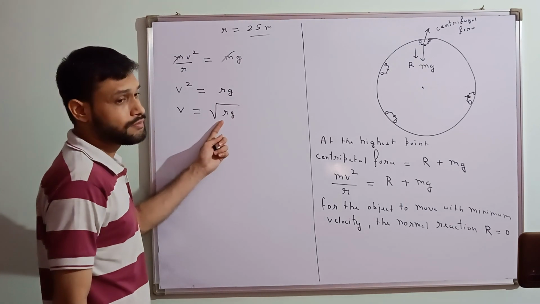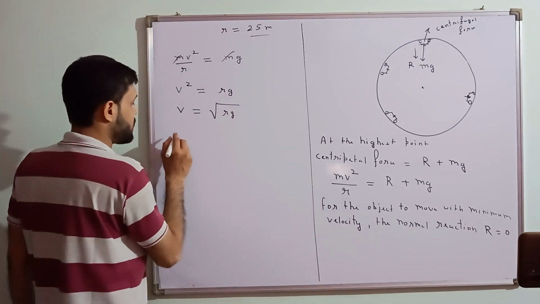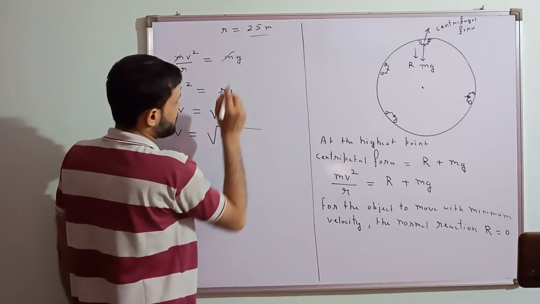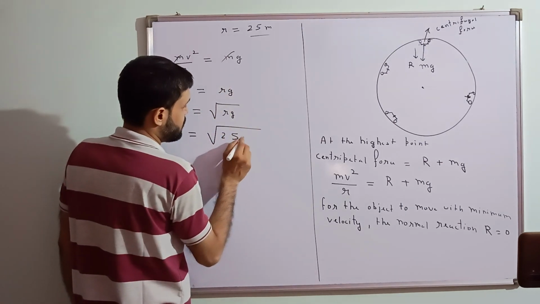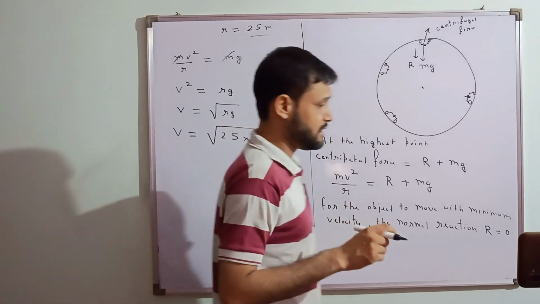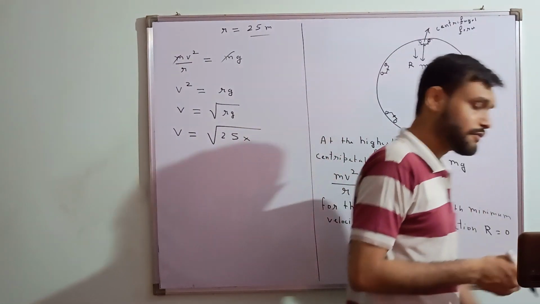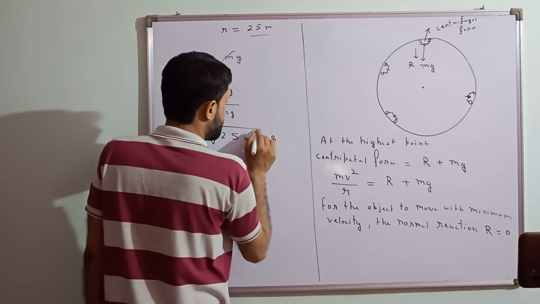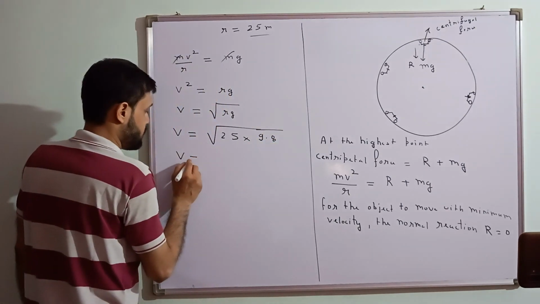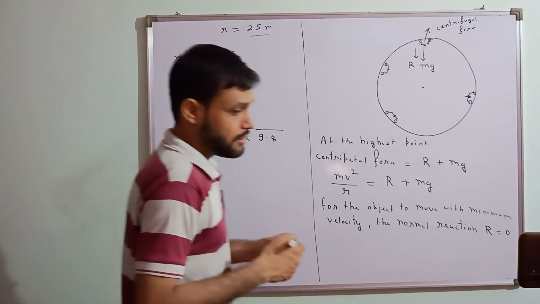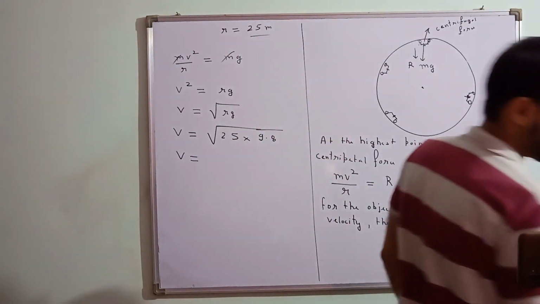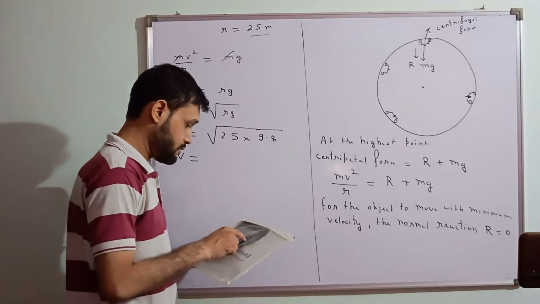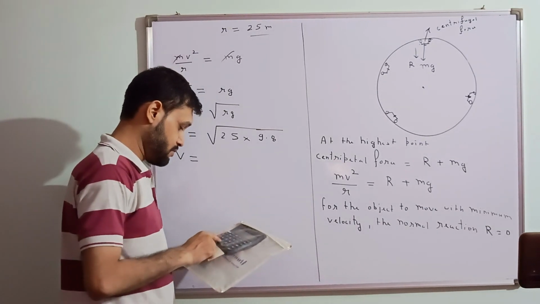You got this value? Now put the value over here. What is the value of R? It is 25. And what can we put for g? They are not giving any value? No, if they are not giving, then just simply put 9.8 and find the answer. So V becomes 25 into 9.8.